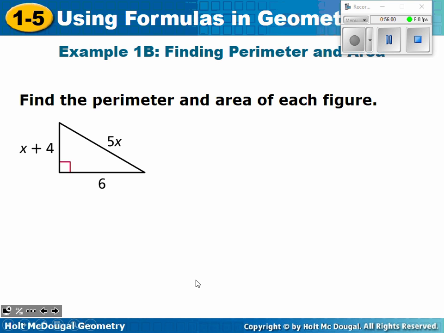Then you can multiply and divide from left to right using your order of operations. So what's half of 6? 3. And then we're going to multiply 3 times x plus 4. So what do we do there? We distribute. And so we get 3x plus 12. Can we simplify it any further? No. Circle it, and that's your answer.